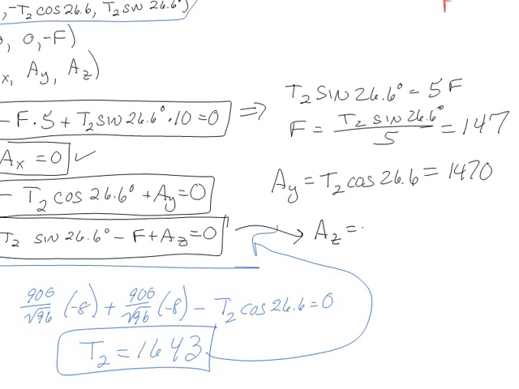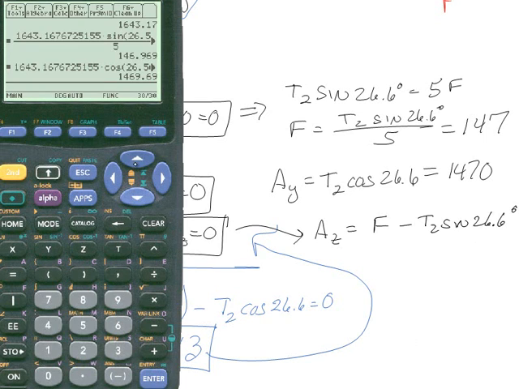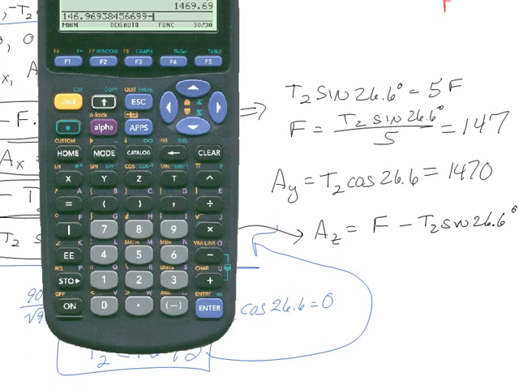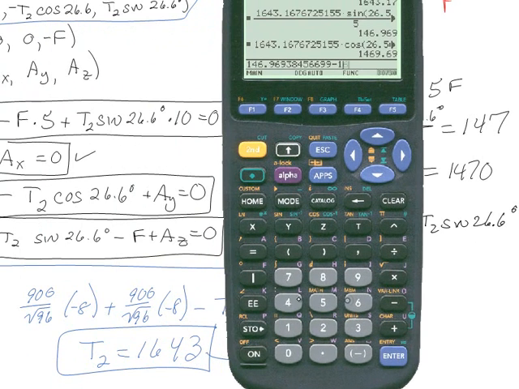AZ, well, it's just T2 sine. AZ is F minus T2 sine 26.6, which is that really weird number. It seems a little small, but I guess it's okay. Times T2, which is that, 16 times sine 26.6.